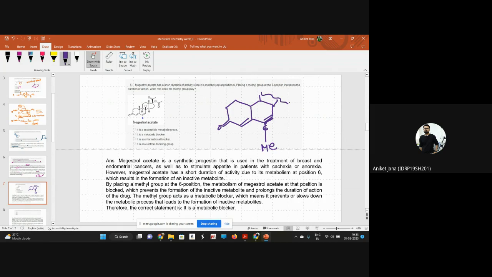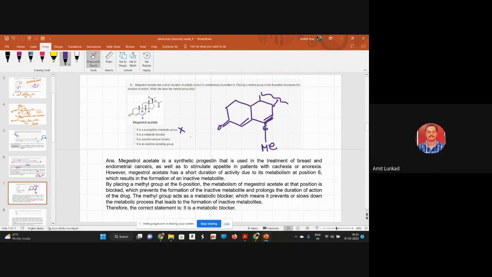Okay, so what could be the possible options? The first option: it is susceptible to metabolic attack. No, because if it is susceptible to metabolism, then it cannot increase the duration of action, right?